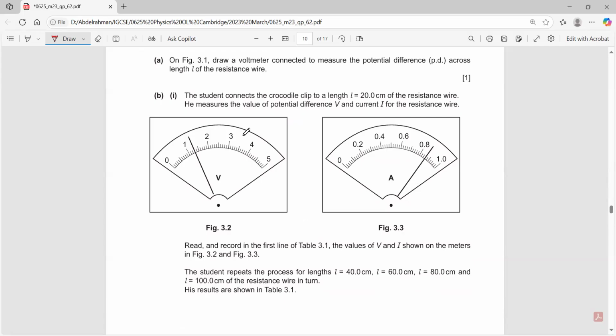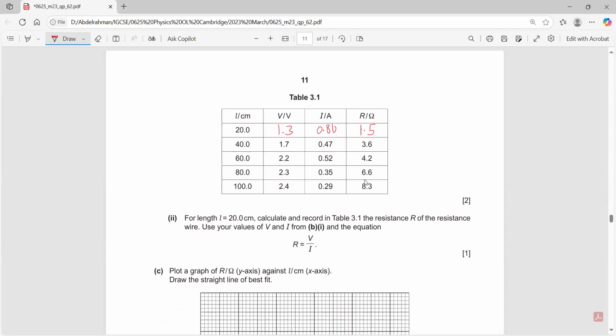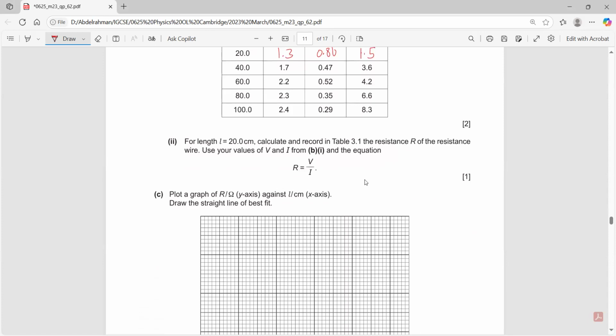Yes, the voltage is 1.3 and the current is 0.86. Can I calculate the resistance? Yes, 1.3 divided by 0.86, which would be 1.5 ohms.